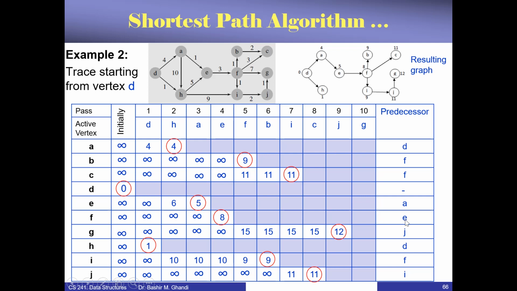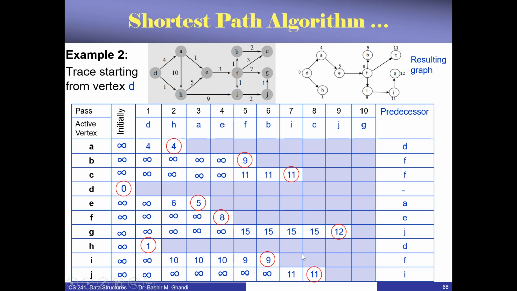And then there is EF, E to F, and the cost of reaching F was 8, so you attach it to F. Then there is JG. This is J, so JG, and the cost of reaching G is 12.